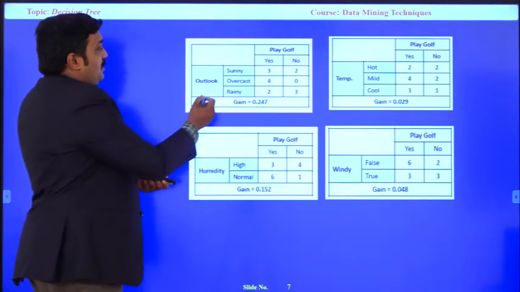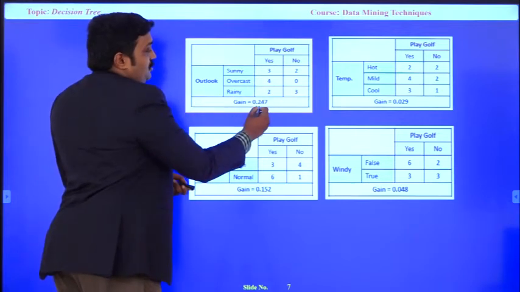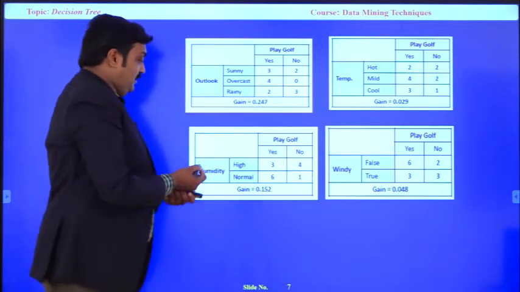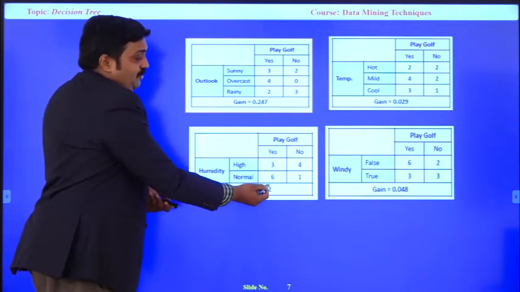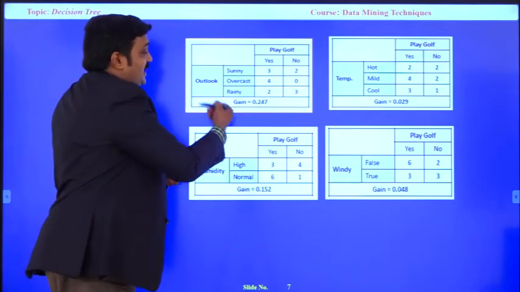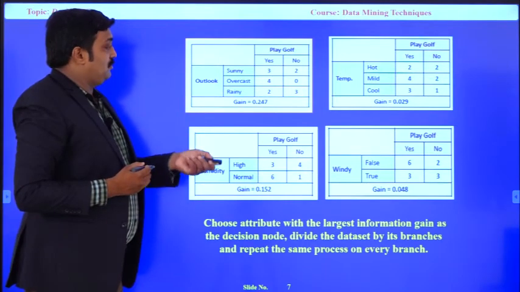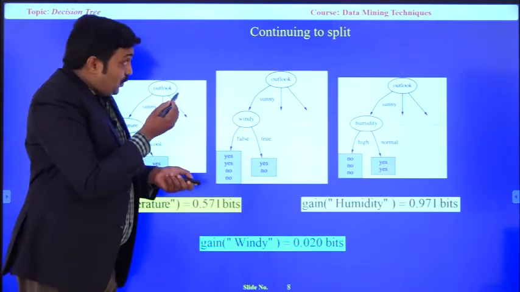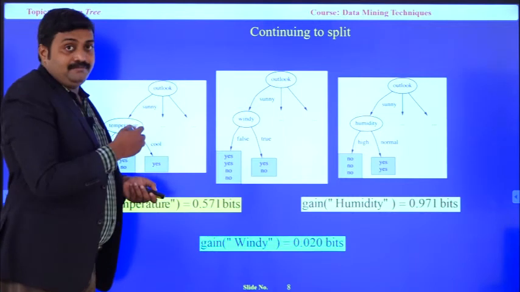Now finally, outlook with the play gain is 0.247, temperature 0.029, humidity 0.152 and wind 0.048. Finally, whichever combination has the higher gain we can choose as the root node. That is outlook.